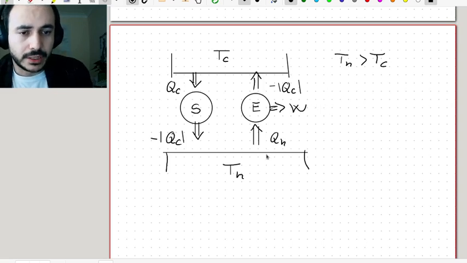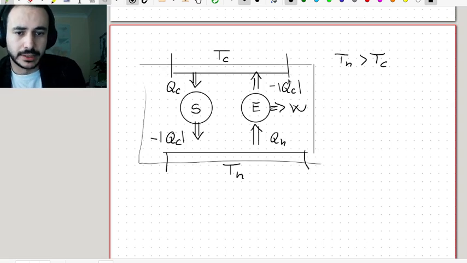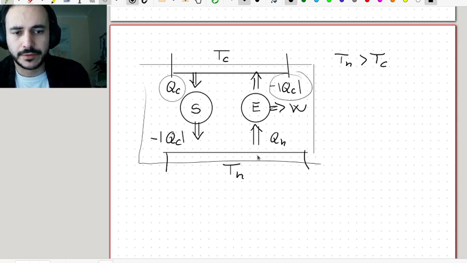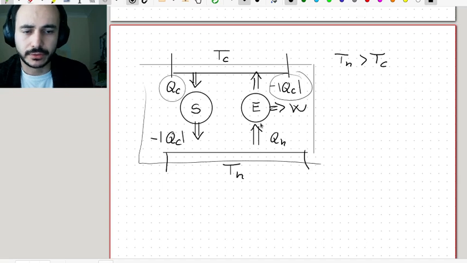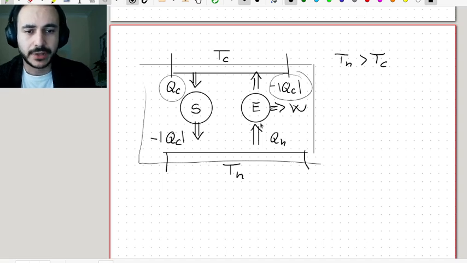So in this whole process, if you look at it globally, what is happening? Well, here I am taking some heat from the cold source, but in the end I'm putting the same amount of heat back into the cold source. So overall, when I run a cycle of my system and of my engine, and I stop and look at what has happened, I have not absorbed any net heat from the cold bath.